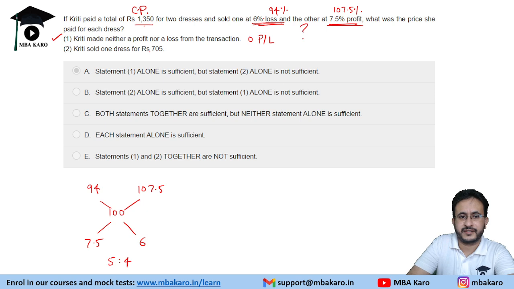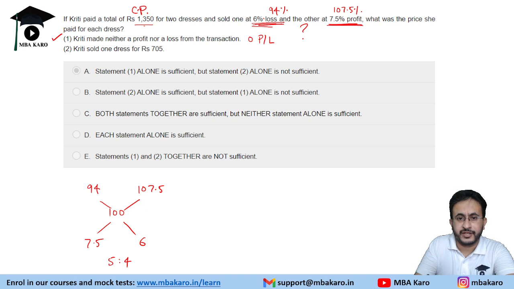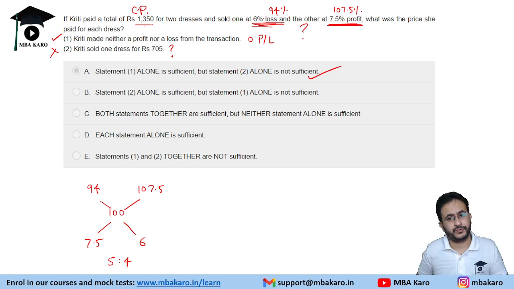We cannot answer. She sold one dress for 705, which could be the one with 6% loss or the one with 7.5% profit. So we cannot answer using this statement alone. Hence only the first statement alone is sufficient to answer this question.